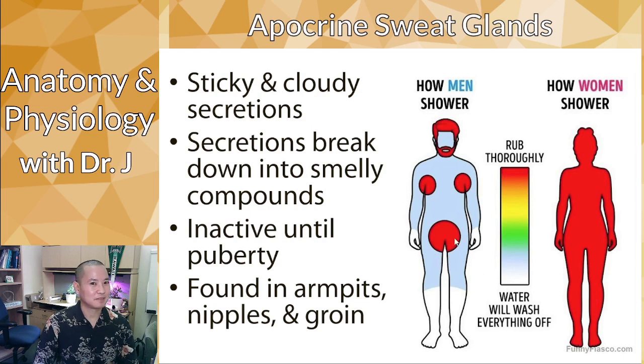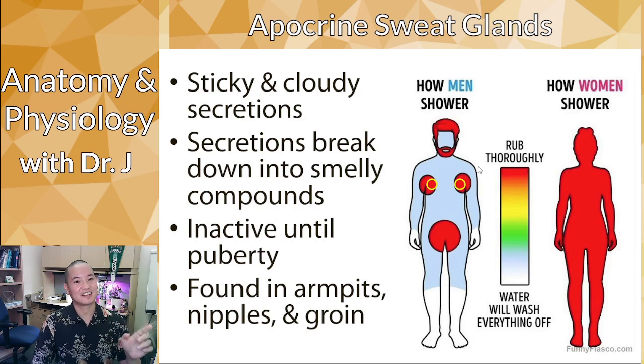And just for completeness' sake, let's add the nipples to this diagram. This diagram shows us where typically the smelliest parts are, the parts we really have to wash thoroughly with soap in order to not get smelly. And what's causing that? Those apocrine sweat glands that are broken down by bacteria into these smelly compounds.